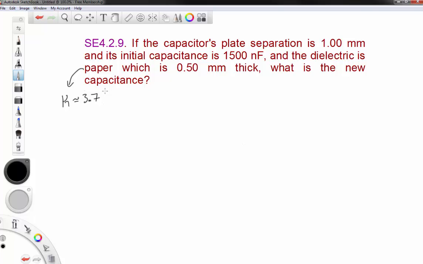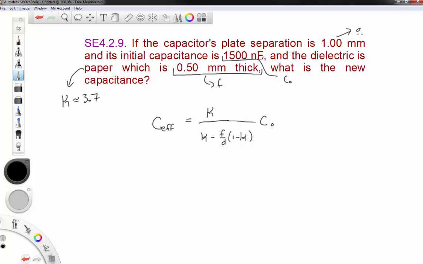What you end up getting is basically C effective is equal, again, to kappa divided by kappa minus F over D times 1 minus kappa, and that's times C naught. So here is C naught, and here is F, and here is D. So we can plug all those guys in.